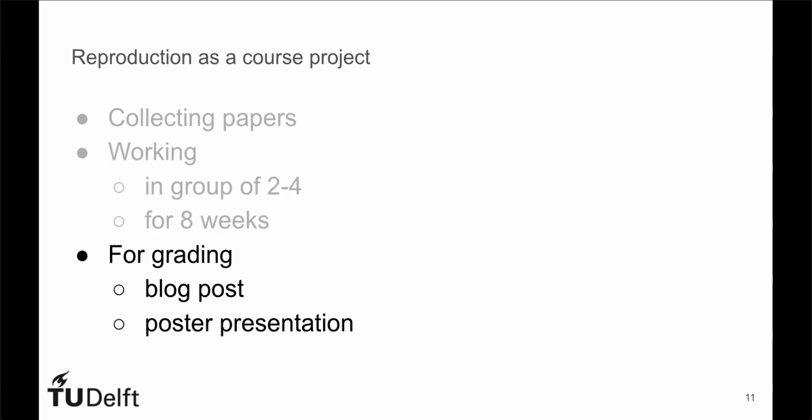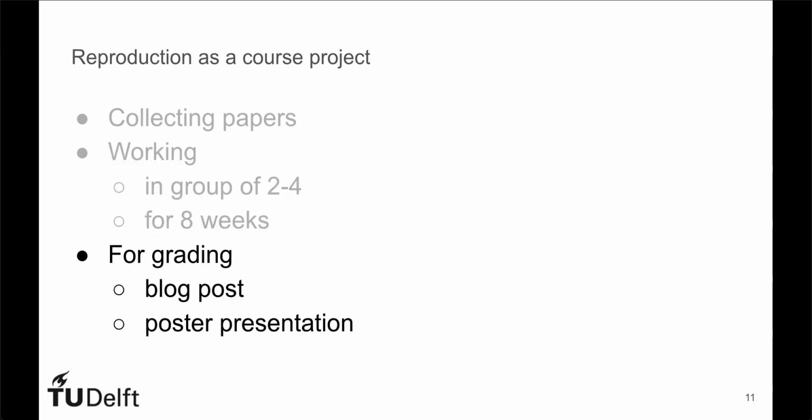Let's dig into the details of the reproduction project a bit. We collected a bunch of papers to offer students to reproduce. We ensured that the data is available, the reproduction target is clear, and the computation power is reasonable. Students worked in groups of 2 to 4 members for about 8 weeks.